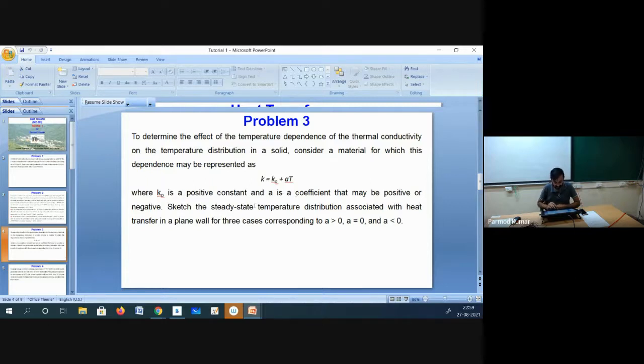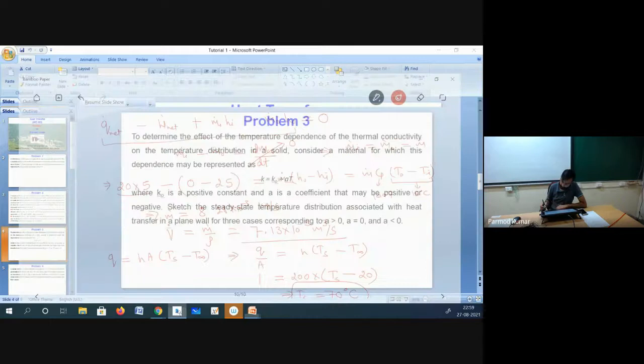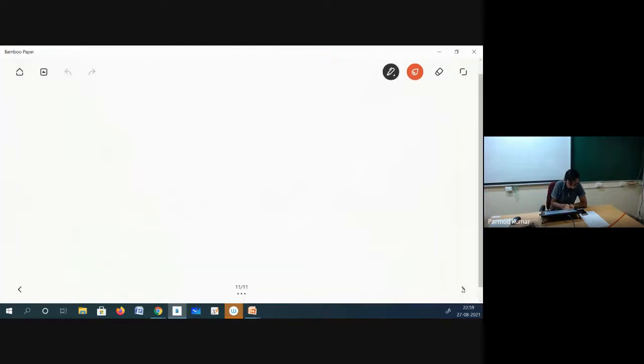We have to sketch the steady state temperature distribution associated with heat transfer in a plane wall for 3 cases: alpha greater than 0, alpha equal to 0, and alpha less than 0. Okay, so it is given in the question that K equal to K naught plus alpha T. We have some plane wall, and say we have some temperature T1 at the left face, T2 at the right face.